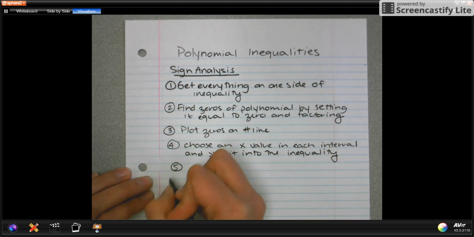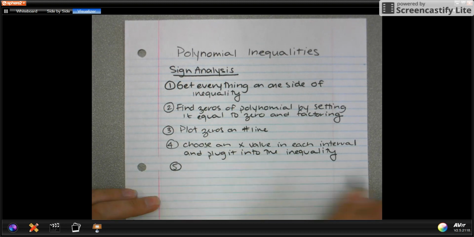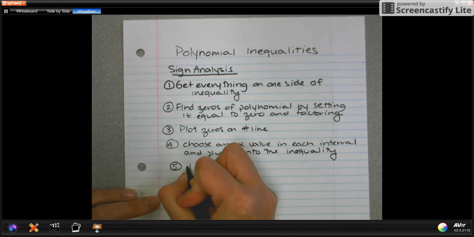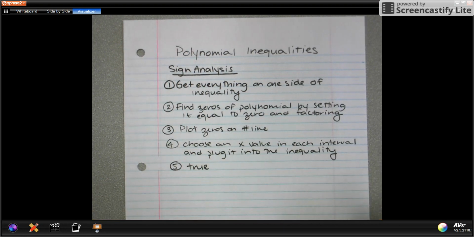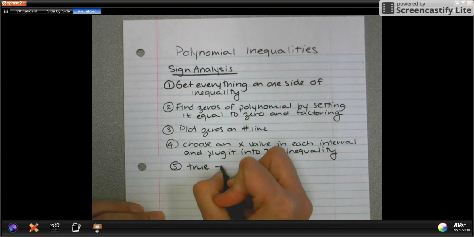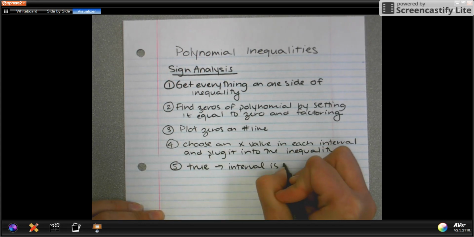What we're looking for when we take the x value and plug it into the inequality is if it makes the inequality true or if it makes the inequality false. If you get a true inequality, a true statement, then that entire interval is part of your solution.